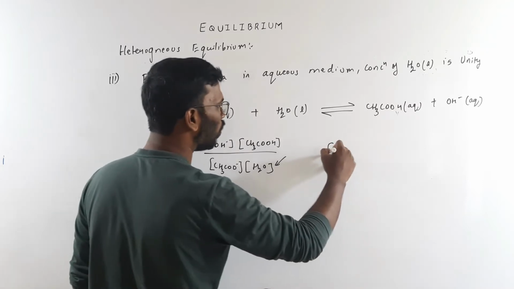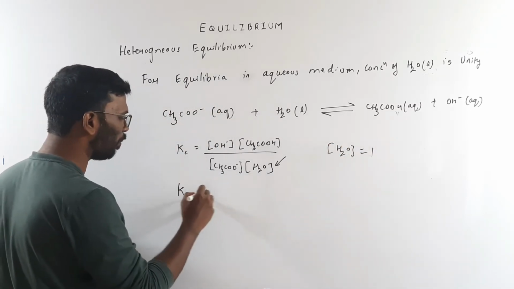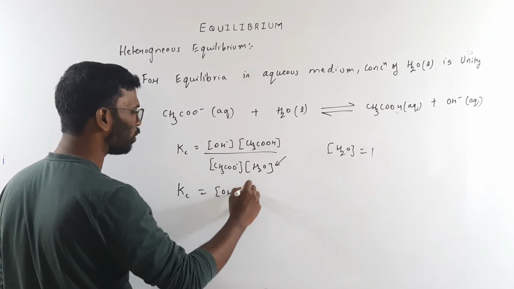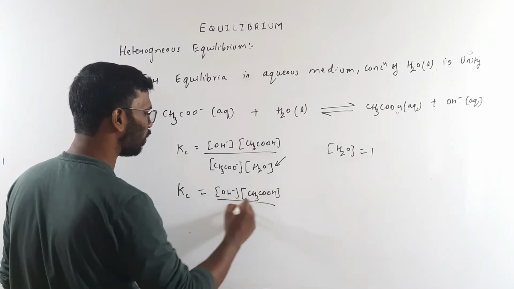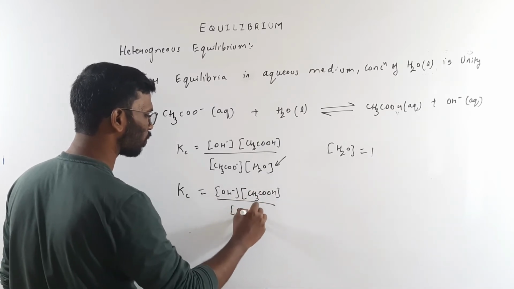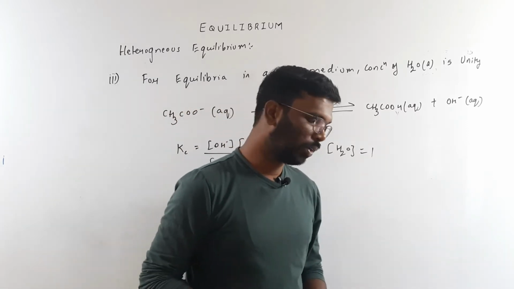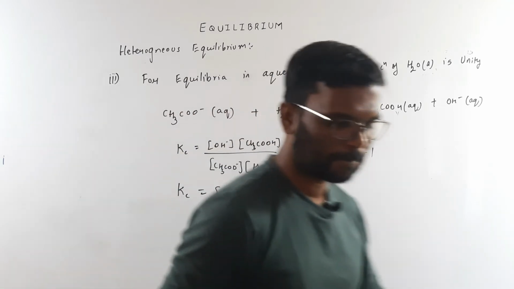So the concentration of H2O is considered to be 1. Over here, Kc will be due only to OH minus and CH3COOH, divided by CH3COO minus. So this is the thing about the different types of heterogeneous equilibria.